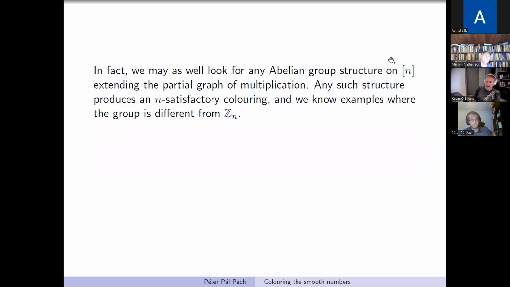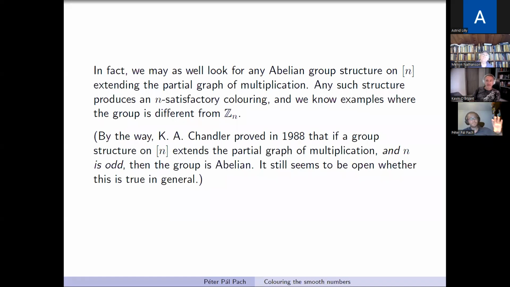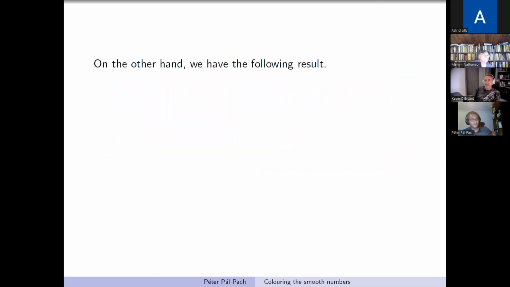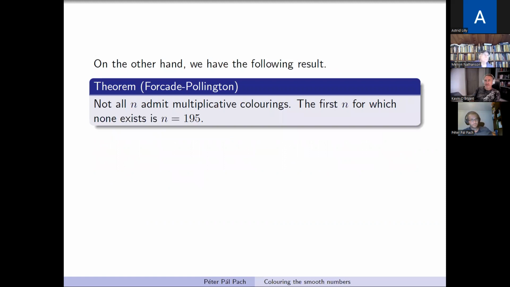In fact, instead of the cyclic group Z_n, one can use any other abelian group. So whenever the partial multiplication table can be extended to a multiplication table of an abelian group, then there is a satisfactory coloring. But according to the result of Fourcade and Pollington, this is not always the case.